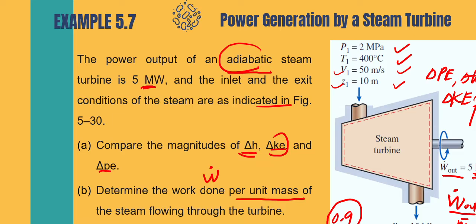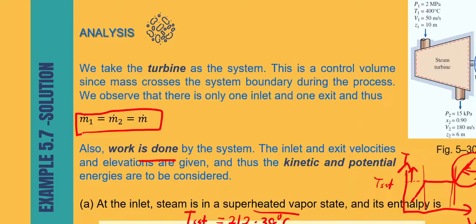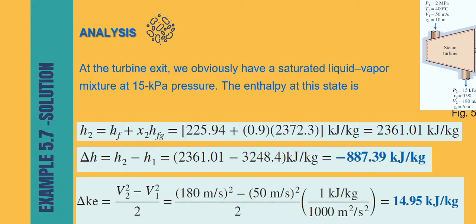Because X equal to 0 is saturated liquid, X equal to 1 is saturated vapor. So in between, you must have a mixture of saturated liquid and vapor. So for state 2, we know that this is a mixture of saturated liquid and vapor. So how are you going to calculate H2?